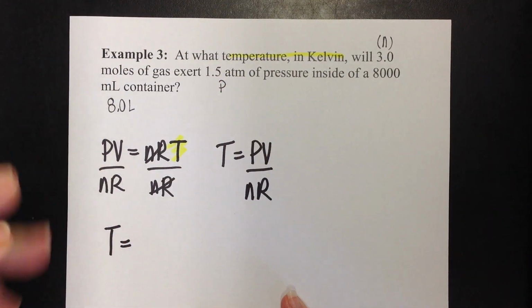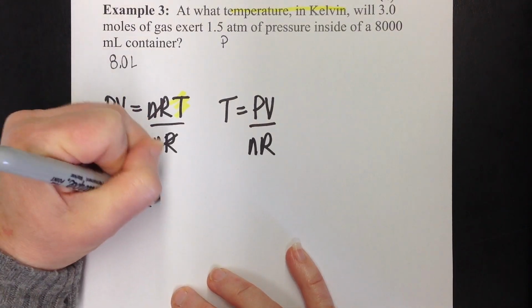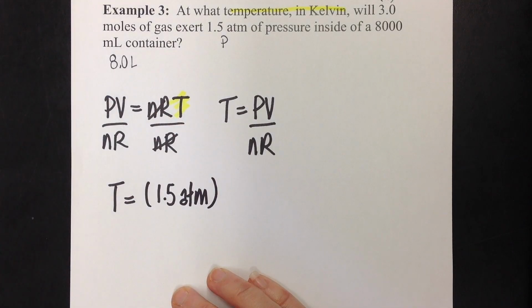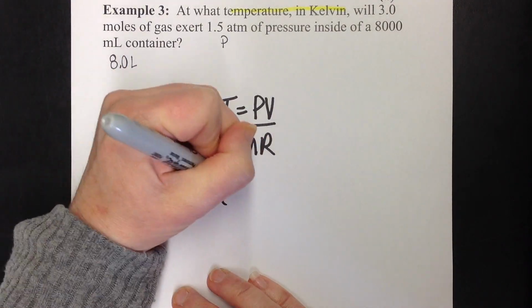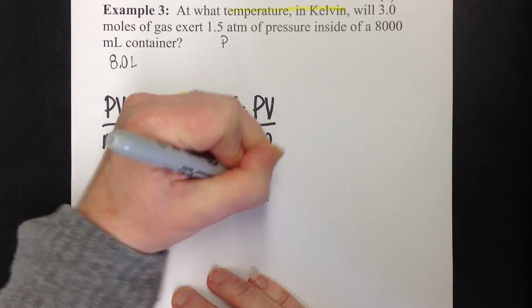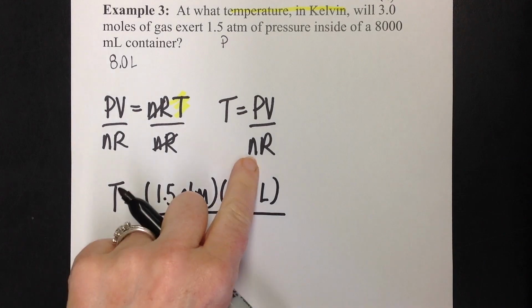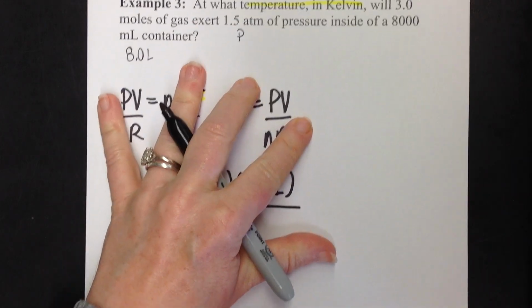So temperature equals pressure, which was 1.5 atmospheres, times the volume, which we just found was 8 liters. N is the number of moles. They gave that to me. That's 3 moles.